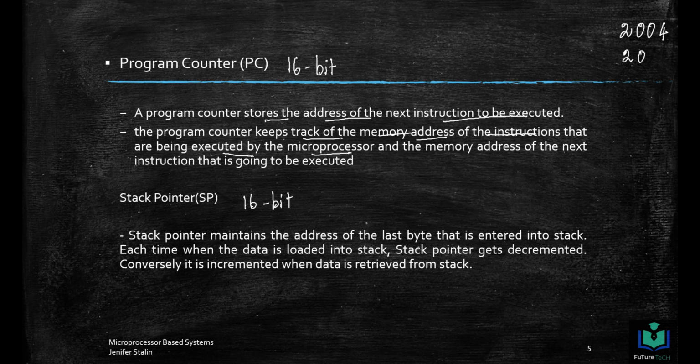That can be 2005. So the program counter is the one which keeps track of the address to be executed. Currently the microprocessor is working with the 2004 address. The program counter will be pointing to the next address that should be executed.